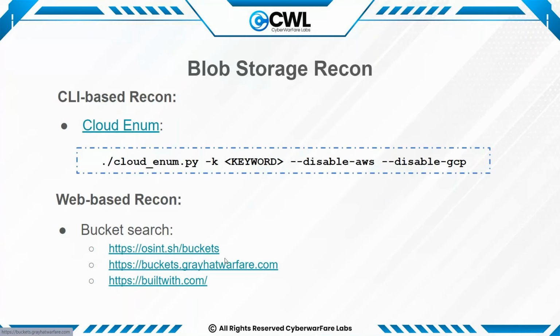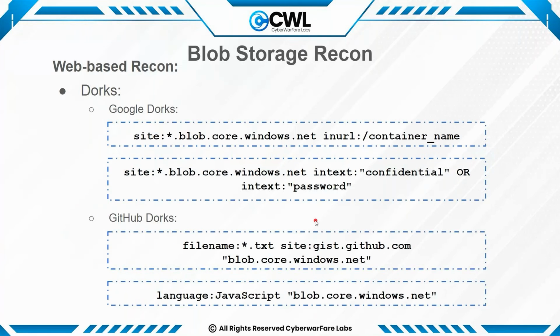We can also utilize GitHub and Google Dorks to further explore blob storages. Let's see them. This particular dork here can search for Azure Blob Storage containers within the Azure Blob Storage service hosted on the domain blob.core.windows.net.